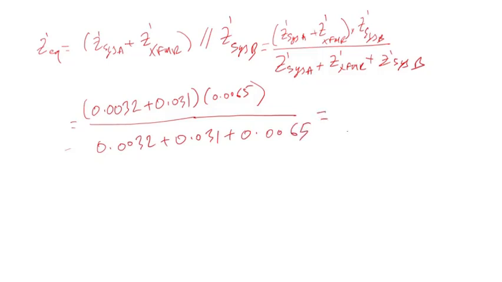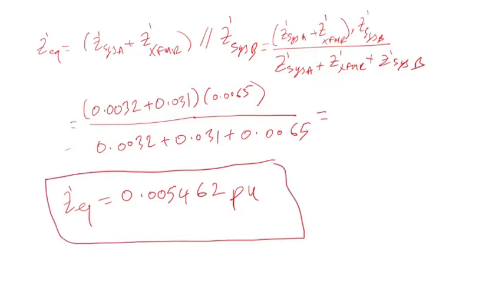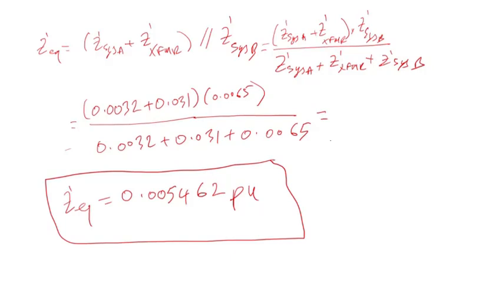If you calculate this, the equivalent positive sequence impedance is 0.05462 per unit. And obviously the negative sequence impedance is equal to it as well, so I'll write that it equals the equivalent negative sequence impedance.